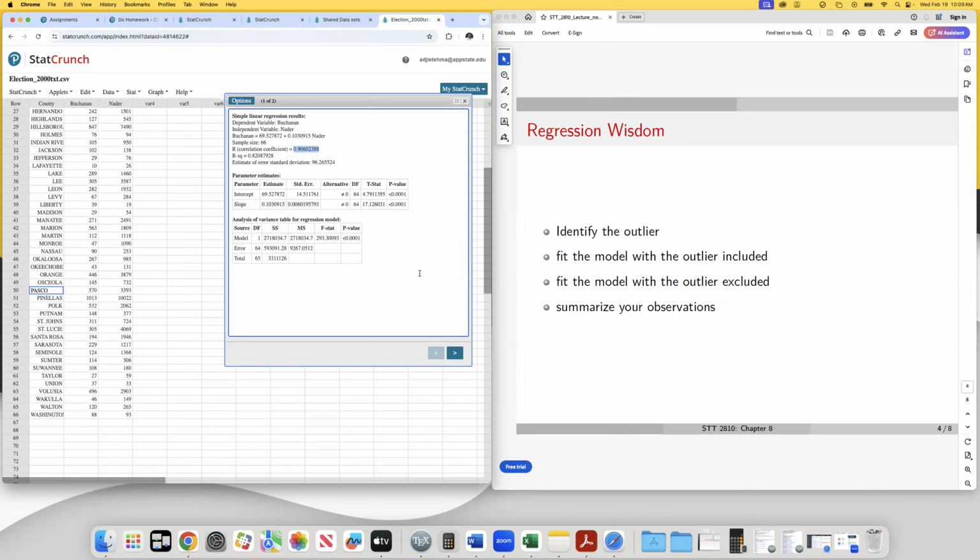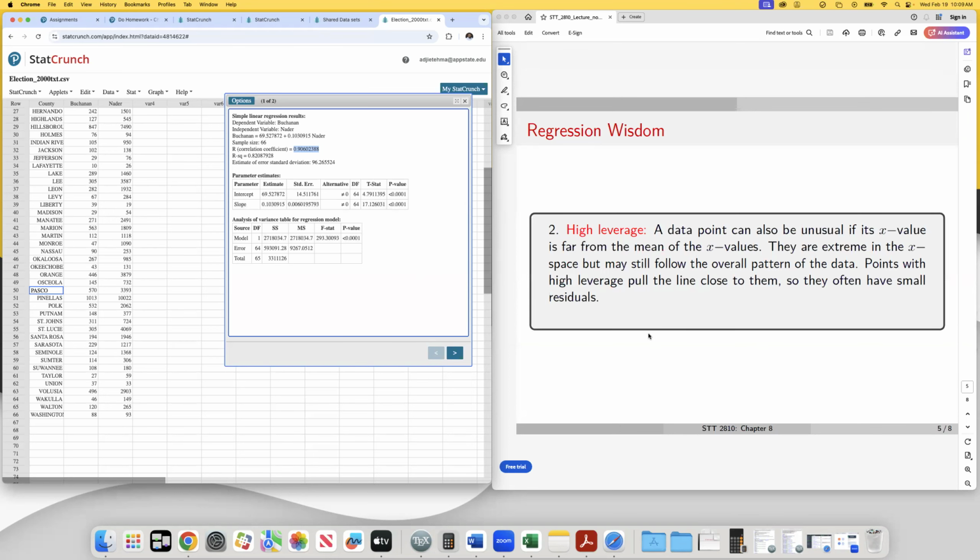That is the recommendation. The other thing we want to talk about is high leverage point. Now, it is tempting to confuse a high leverage point with an outlier. And so I decided to provide a graph to be able to distinguish between the two.